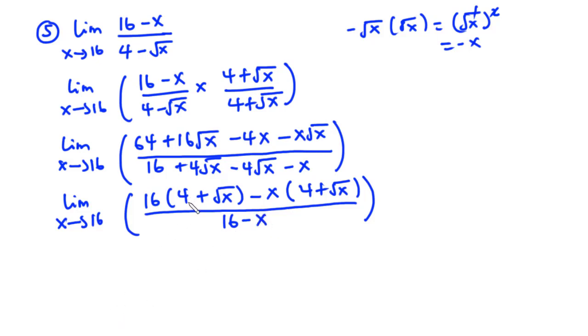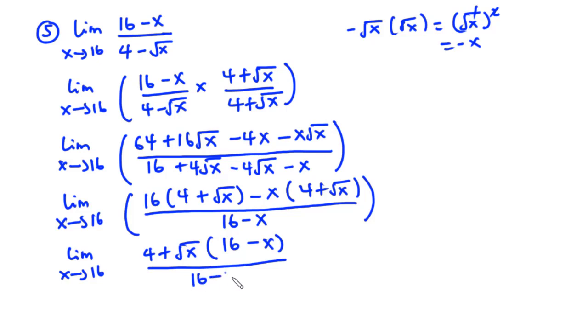Now since we have 4 plus root x and then 4 plus root x, we can factor out 4 plus root x. So we have the limit as x approaches 16, then we factor out 4 plus root x, so that is 4 plus root x on the outside, and then we have 16 minus x inside the bracket divided by 16 minus x.